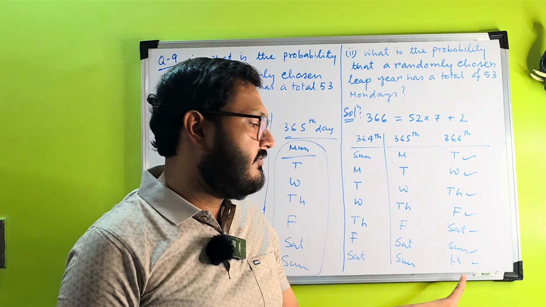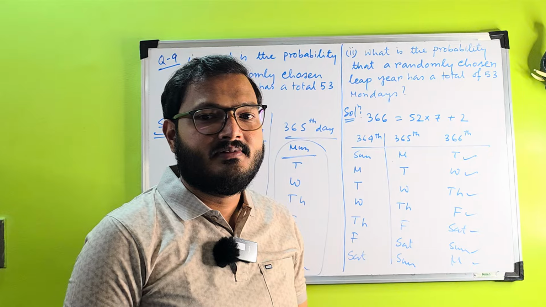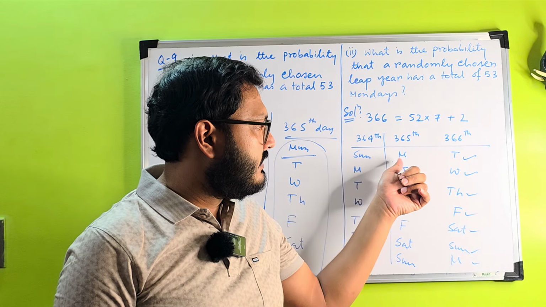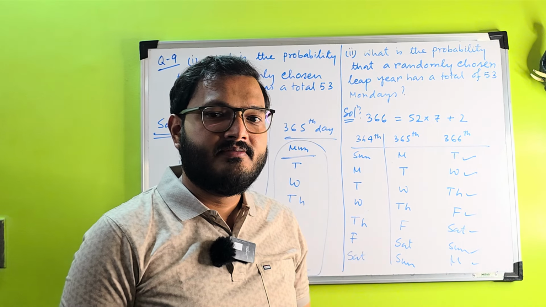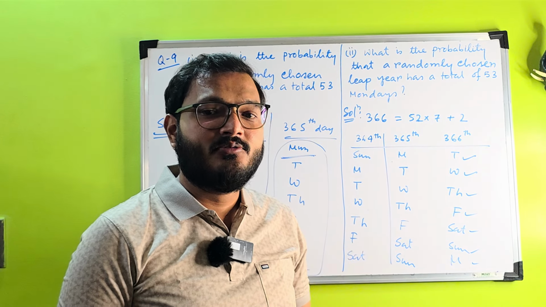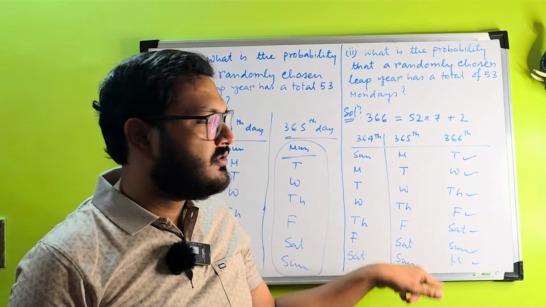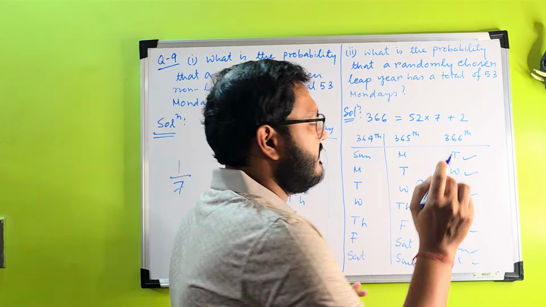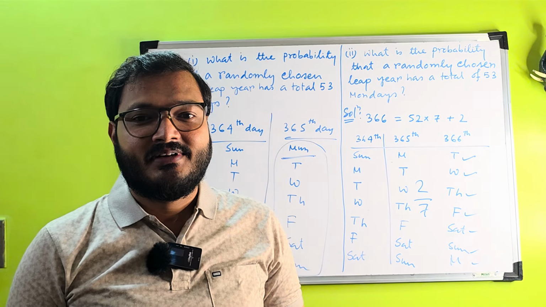If any one of them happens, there will be 53 Mondays. It's the same answer for Sunday also. So what is the probability? Out of 7, 2 contain Monday. So the answer is 2 by 7. I hope it's clear. Very interesting sum it was. Thank you.